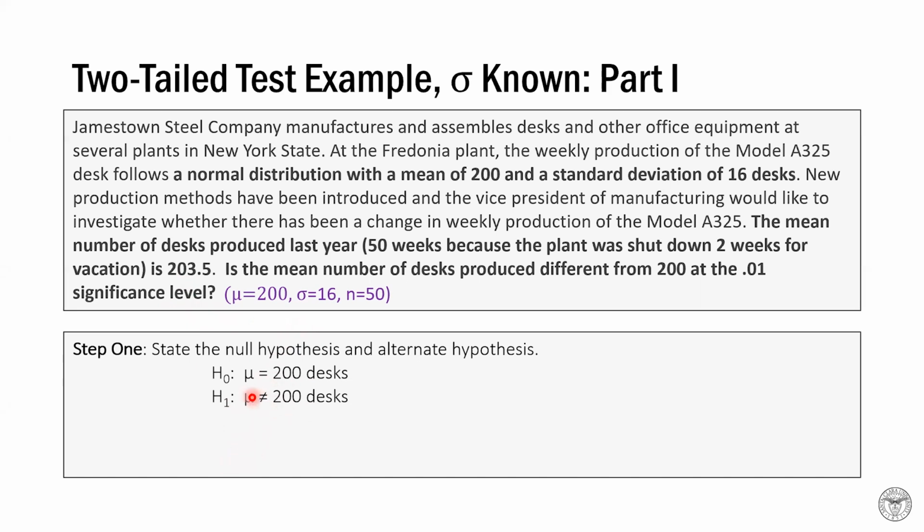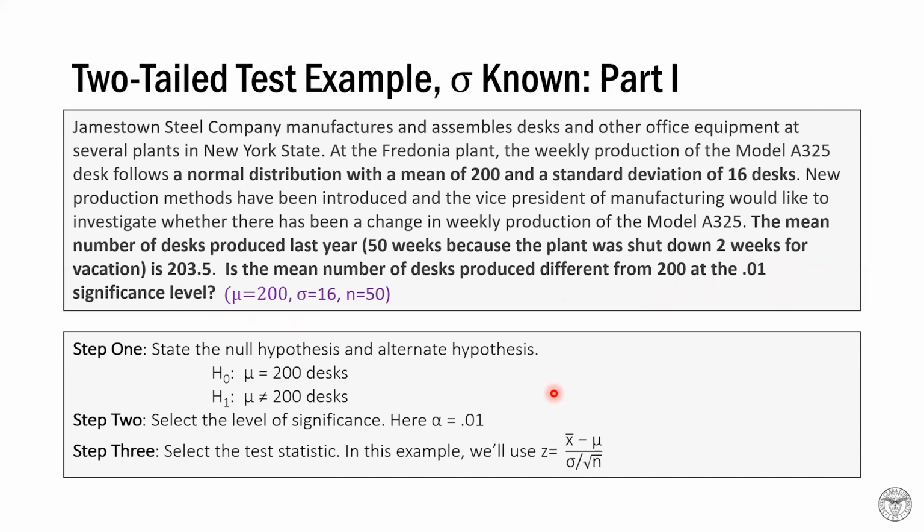The level of significance 0.01 is given. When testing a hypothesis about a population mean, if the population follows the normal distribution and the population standard deviation is known, the test statistic is z, and is determined as previously discussed.